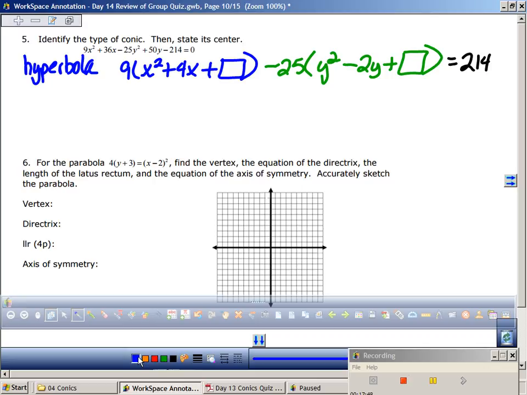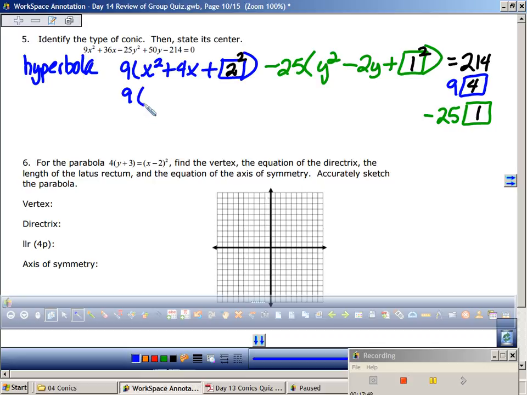I have to recognize that I'm going to have to take 9 of whatever my boxes are, and I'm going to have to take negative 25 of whatever my green box is. In order to complete the square here, this needs to be 2 squared. This one must be 1 squared. That means this needs to be a 4, and this needs to be a 1.